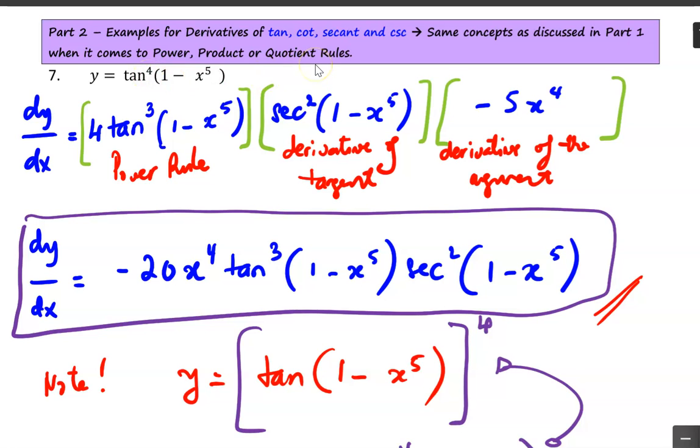And I emphasize to everyone that there are always 3 steps. You apply the power rule first, then you take the derivative of the trigonometric function itself, and then you take the derivative of the argument. All 3 results are multiplied with each other, and in the end, we simplify.